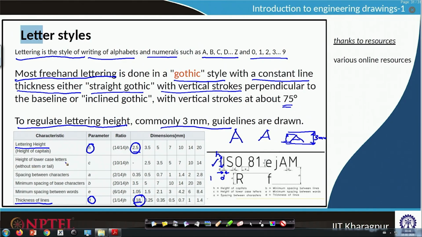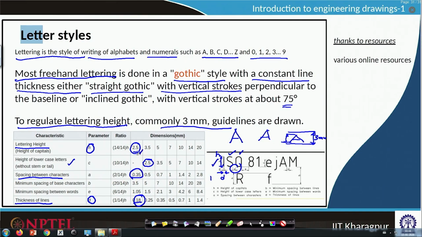Similarly, if we are using lower case letters, then one has to use 2.5 millimeters or lower than that. For spacing between characters, for example, this character and that character, the spacing to be used is 0.35 millimeters.